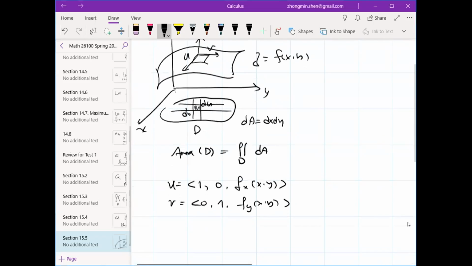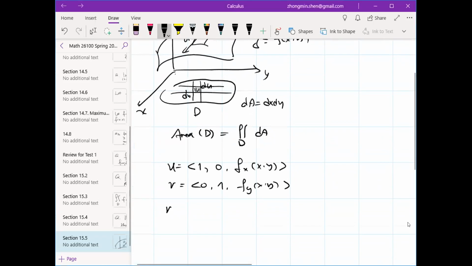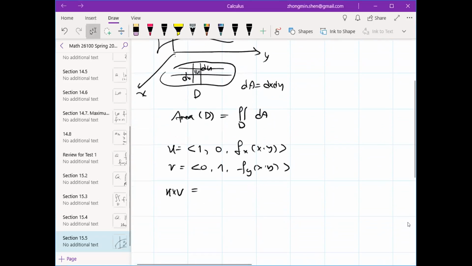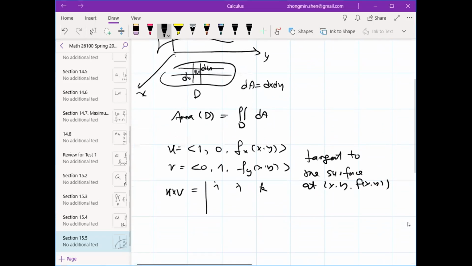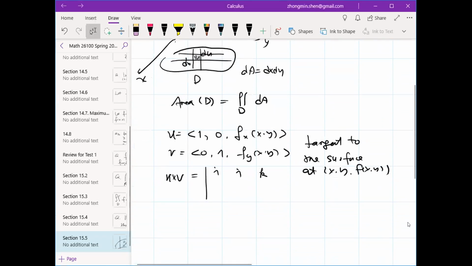Do you remember that? The cross product u cross v, let's calculate what that is. That is going to be the determinant with i, j, k. The question is why these are tangent to the surface at the point (x, y, f(x, y)). I probably don't have time to explain that.